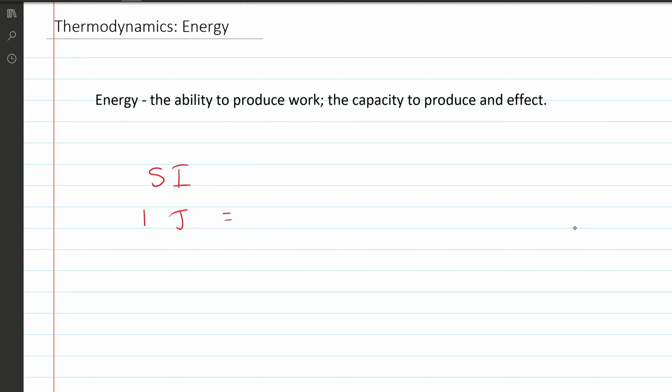1 joule is equal to 1 Newton times 1 meter. We have 1 kilojoule, which is of course equal to 1,000 joules. All right, we have what's called the rate of energy use or change.